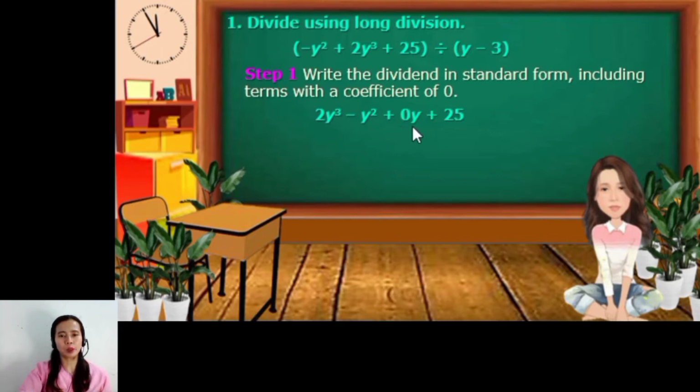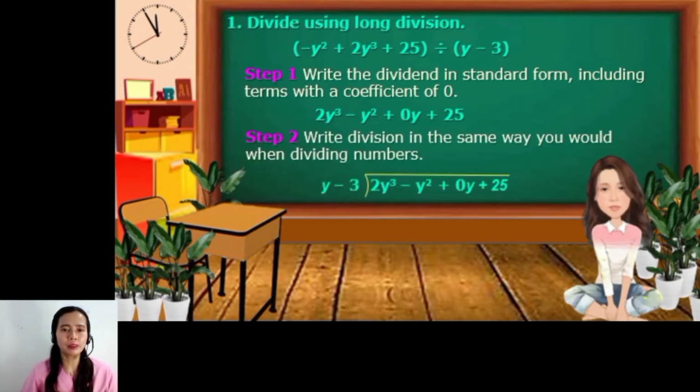Katulad ng sinabi ko sa inyo kanina, pag kulang, you write 0. Pansinin nyo, we have 3, 2, then 1 na exponent, diba? Dahil kulang siya, maglagay ka ng 0 para makompleto mo yung terms.